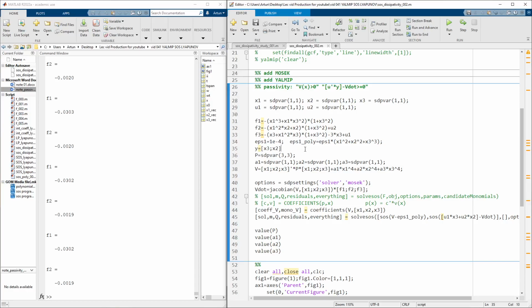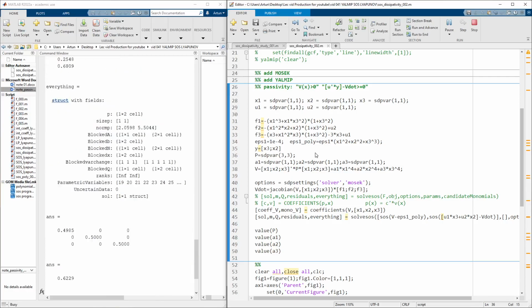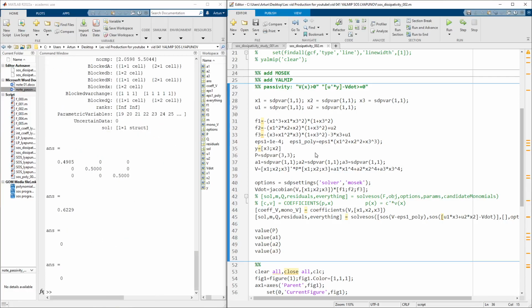Before running that, let me clear this. In the previous example we checked a SISO nonlinear dynamical system, and now let's check 2 by 2, meaning 2 input 2 output nonlinear dynamical system, and we want to determine if this is passive. Let's run it. Again, the code is the same. Again, u times y.